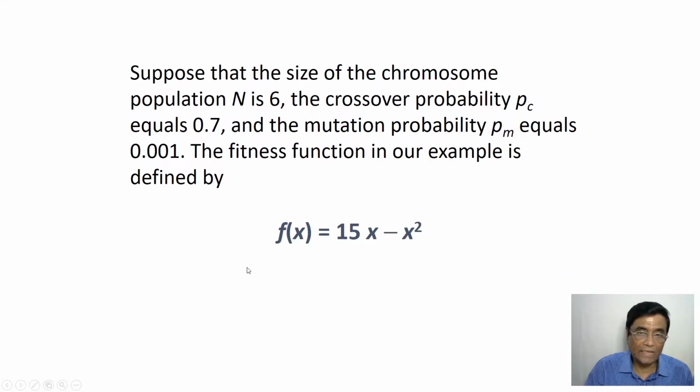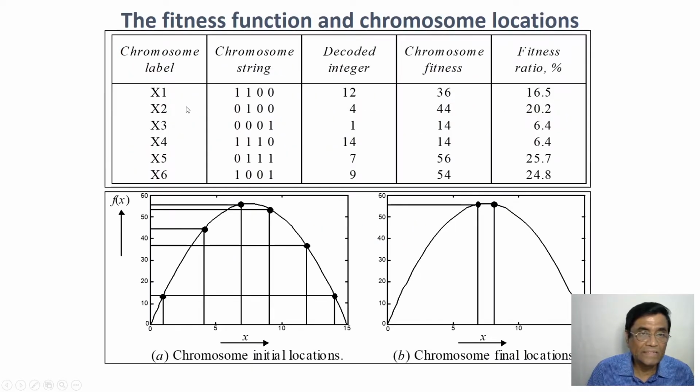So the other day I explained, just watch the videos, right? So 6 is the number of chromosomes, and these are the chromosomes which have higher fitness value. That's why they are here, okay? So fitness values you see are 36, 44, 14, 14, 56, 54.